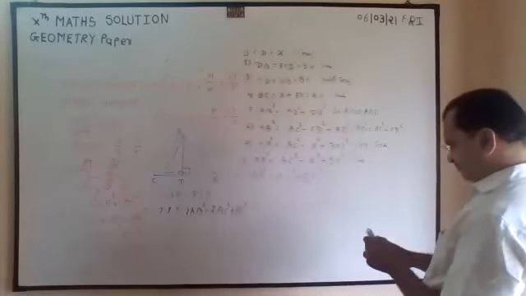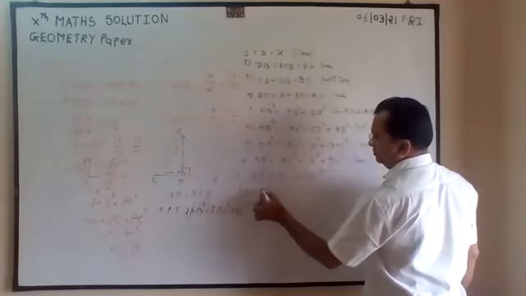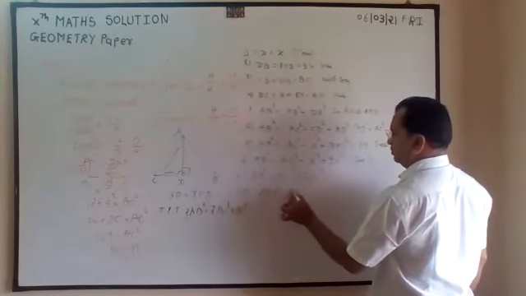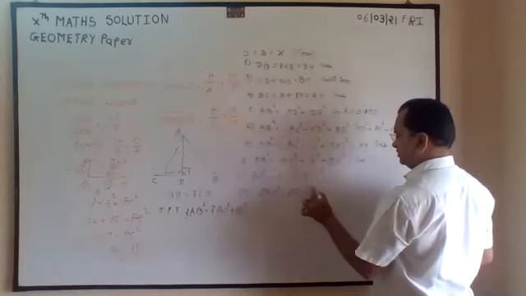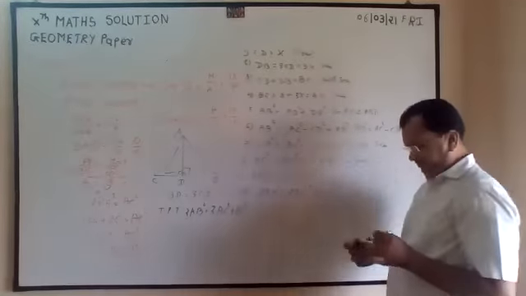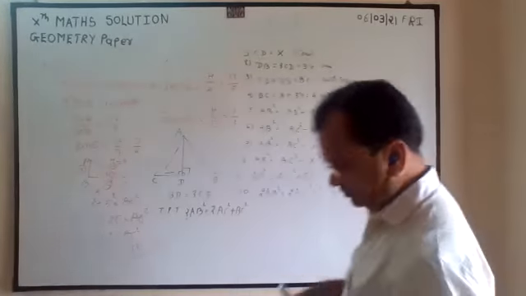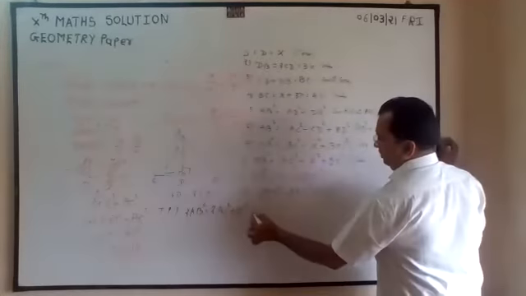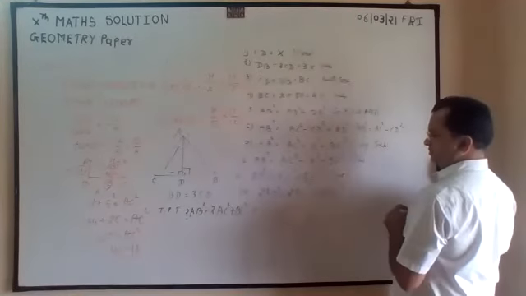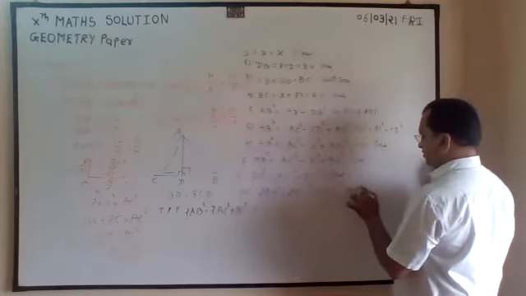Now we want 2AB square, so multiply all by 2. 2AB square is equal to 2AC square plus 16x square. This is also multiplied by 2.